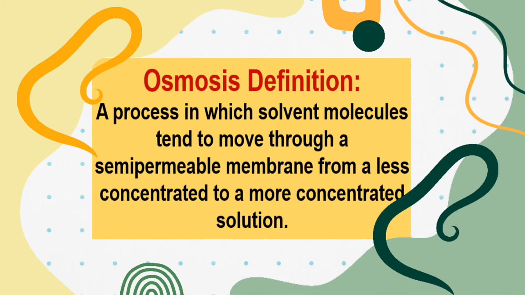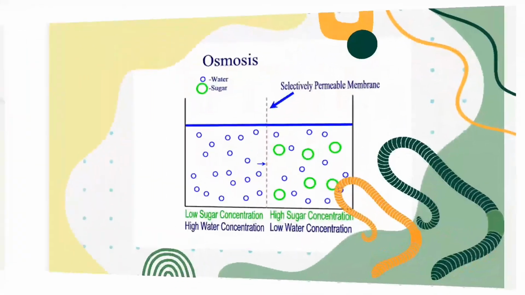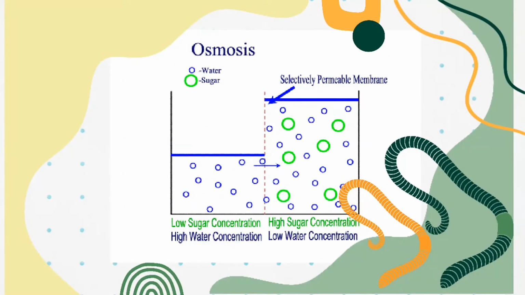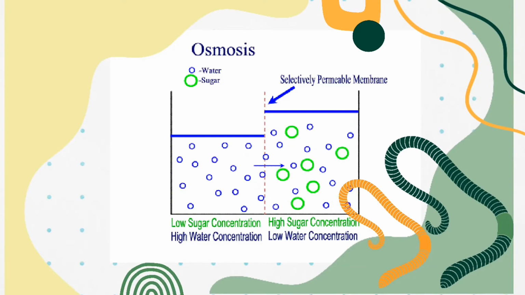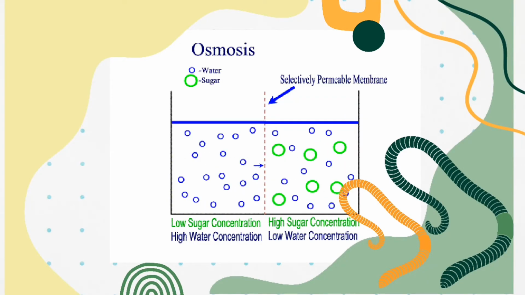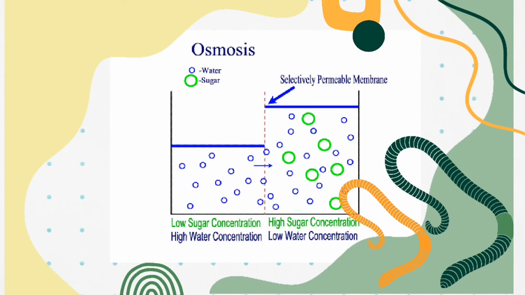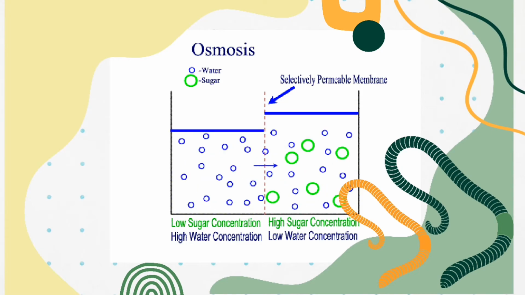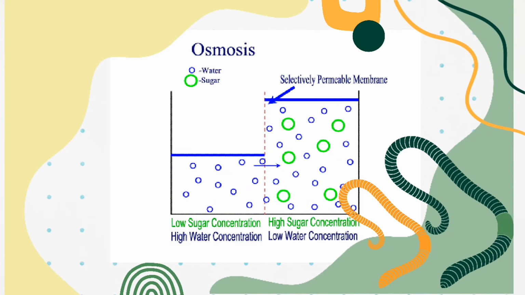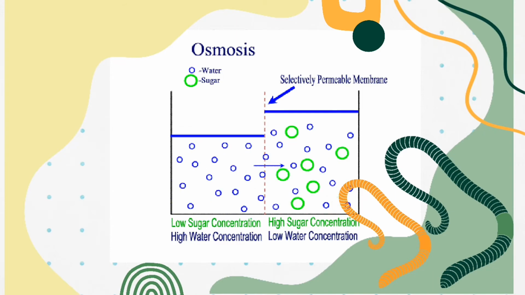The significance of osmosis is that an equilibrium between the solutions must be reached. Osmosis requires a semi-permeable membrane, unlike diffusion, which does not require any membrane.